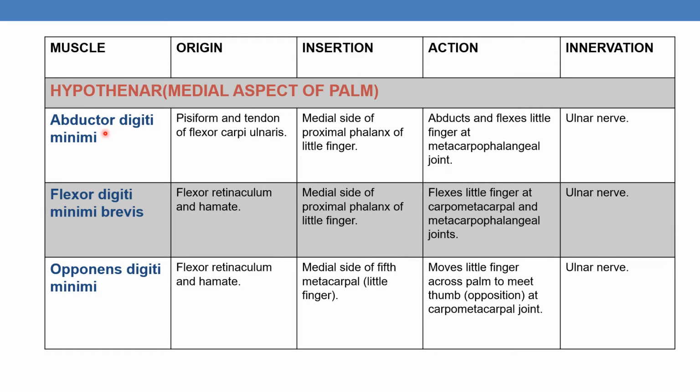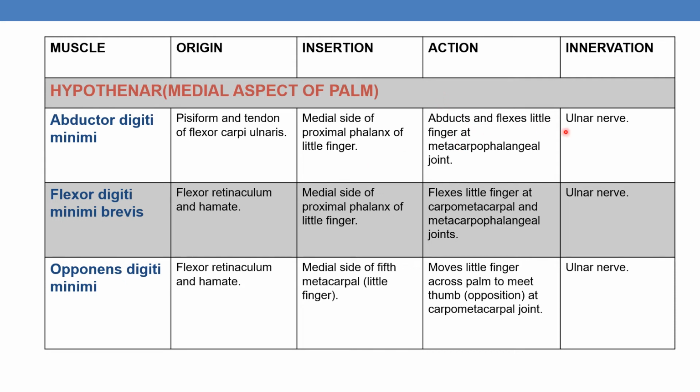Coming to the first muscle, abductor digiti minimi. Origin is pisiform and tendon of flexor carpi ulnaris. Insertion is the medial side of proximal phalanx of little finger. Minimi means it deals with the little finger. All these three muscles deal with the little finger.